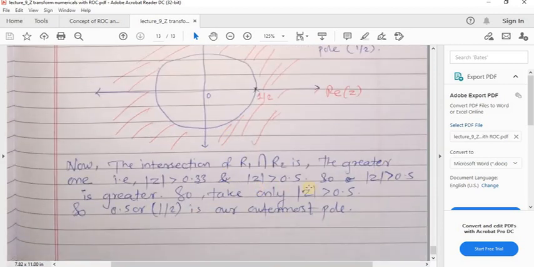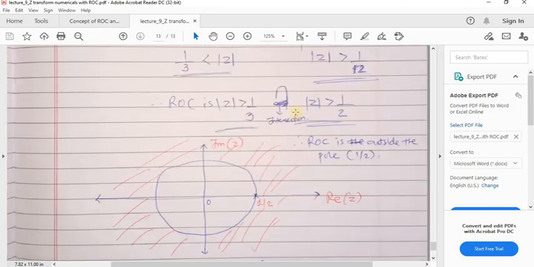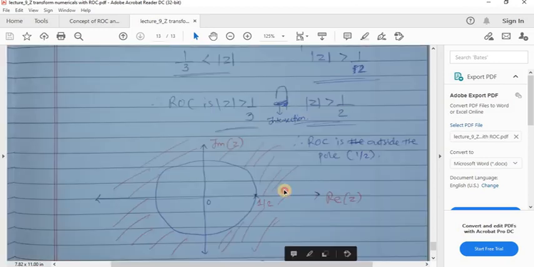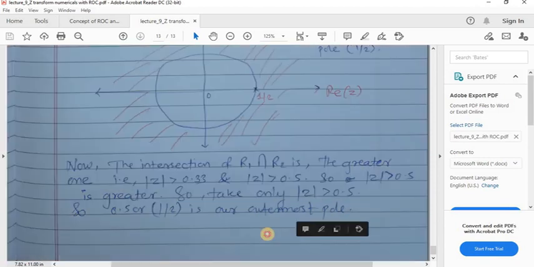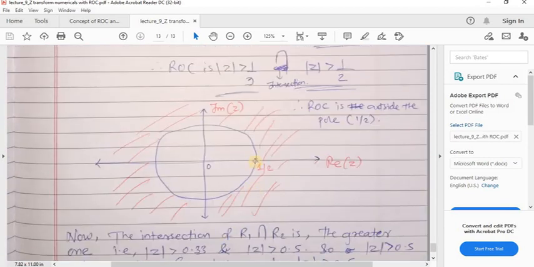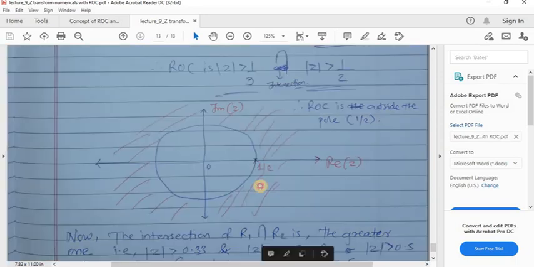So now z greater than 0.5 is the greater term. So we have to take only this one because it is greater than this term. That's what intersection means. So this 1 upon 2, or 0.5 on the real axis, is our outermost pole.